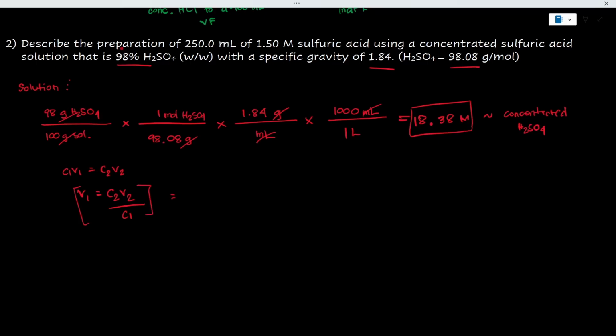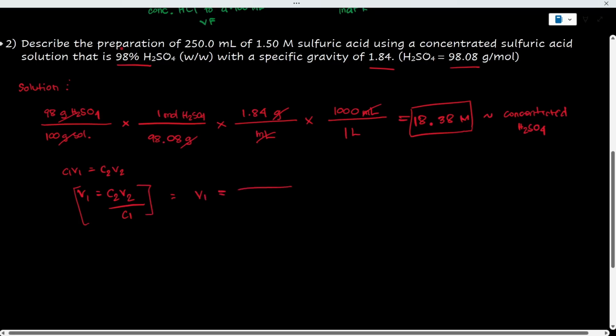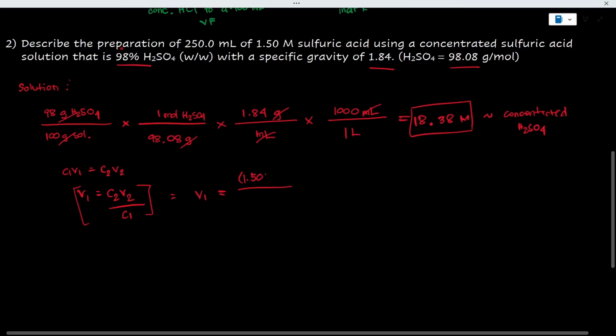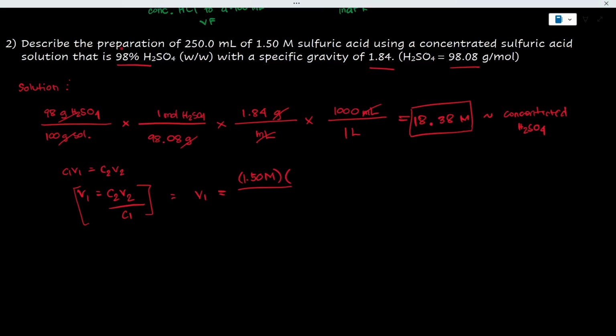C2 is the concentration we want to prepare, 1.50 molar, and V2 is the volume, 250.0 ml, and our initial concentration, the concentration of the concentrated acid, is 18.38 molar.